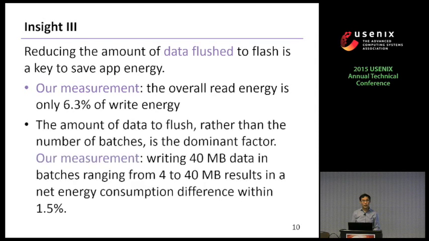Then, if we write the same amount of energy, the number of writes is not so important. The difference may be within 1.5%. So these insights tell us that we should focus on reducing the size of data that we checkpoint to flash.